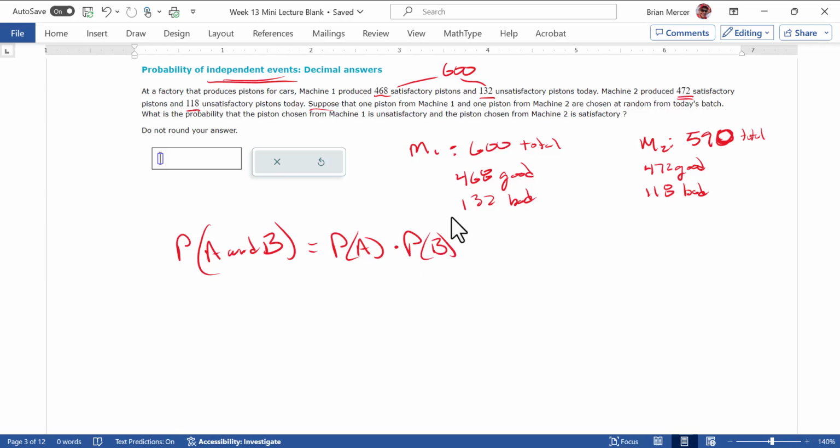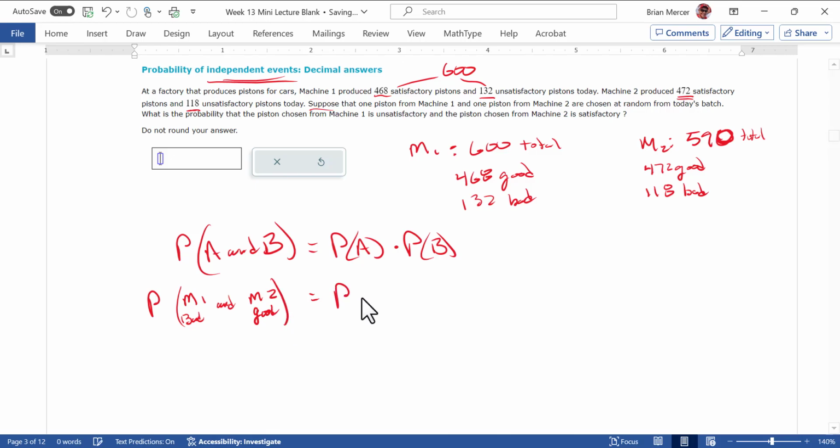So probability of A, if you think about that, I'll write it in the context of this problem. This says probability that, I'm going to abbreviate this, machine 1 says unsatisfactory, so I'm going to say M1 is bad, and then you pick one from M2, so M2 is good.